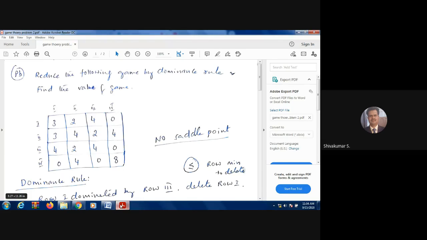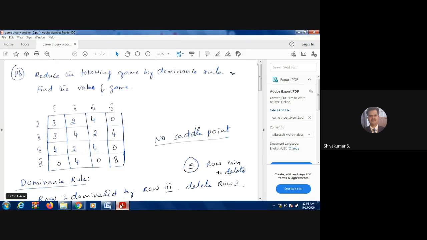So check out here, any rows dominated by any other rows. Means the value should be less than or equal. Less than or equal, then you have to delete the rows. So for example here, first row values 3, 2, 4, 0. Second row values are 3, 4, 2, 4. So 3 less than or equal to 3, 2 less than 4, 4 greater than 2.